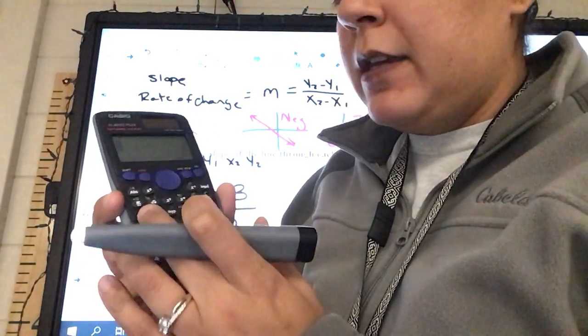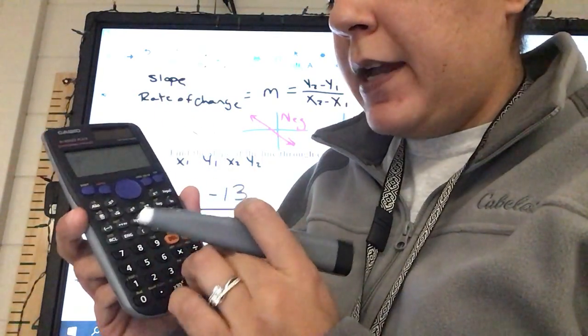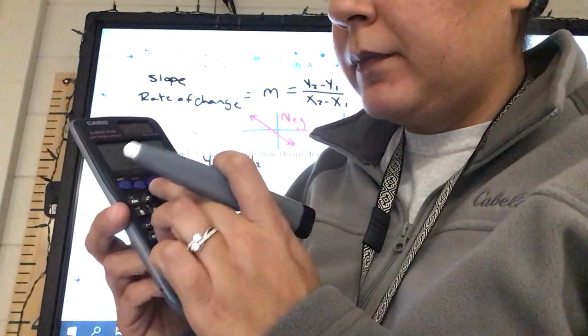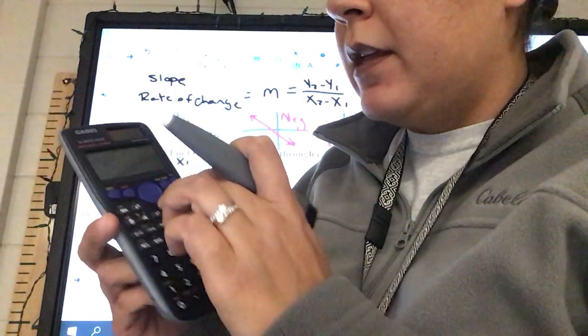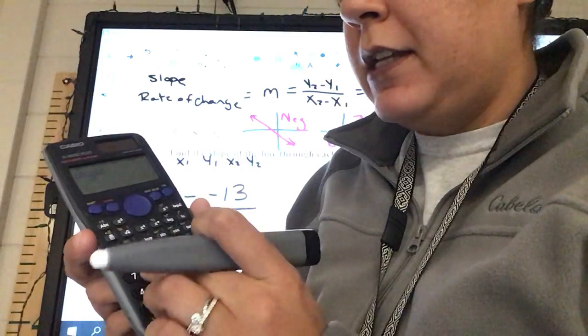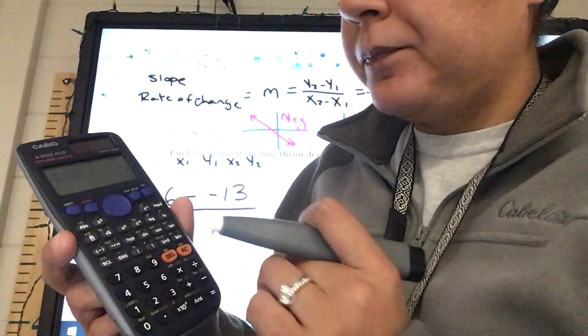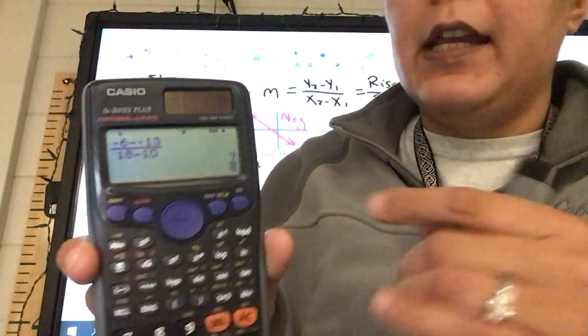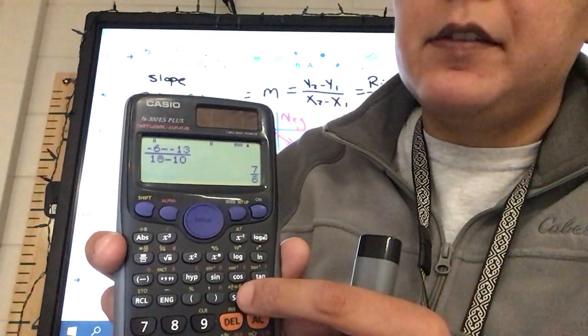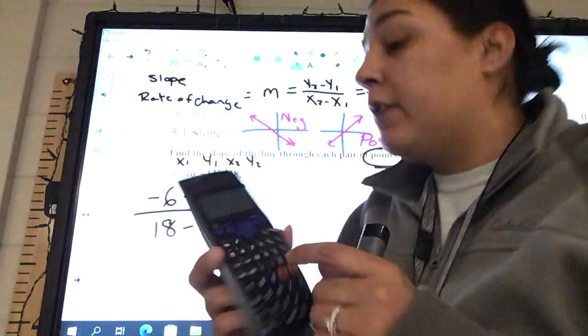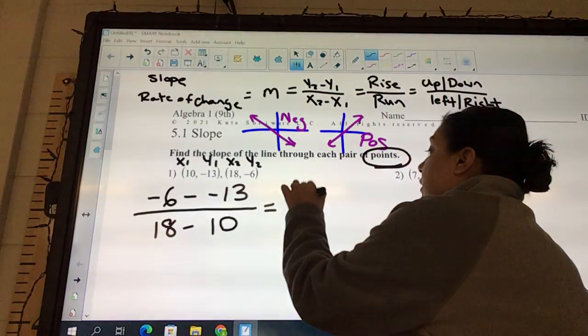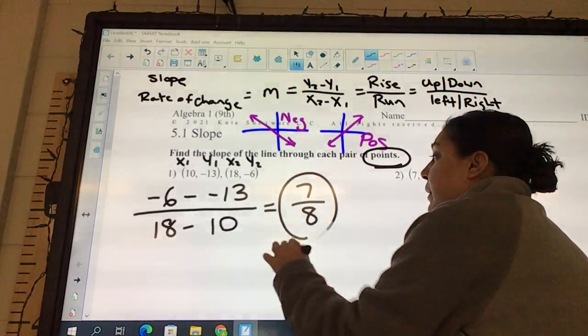And we can type it in, negative 6 minus negative 13, okay? Make sure you put those double minuses, and then 18 minus 10. Okay, I got 7 over 8. And if you get a decimal, remember you push that S to D button, and that'll change that for you. So 7 over 8 is what I got on my calculator, and so that's my slope.